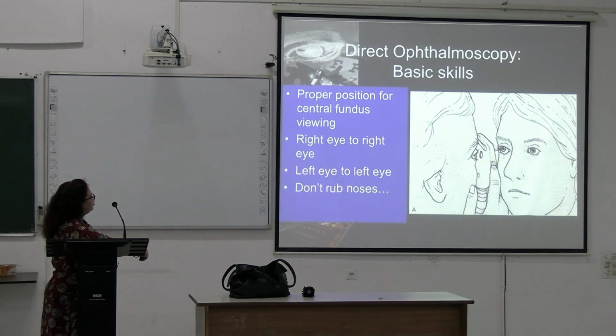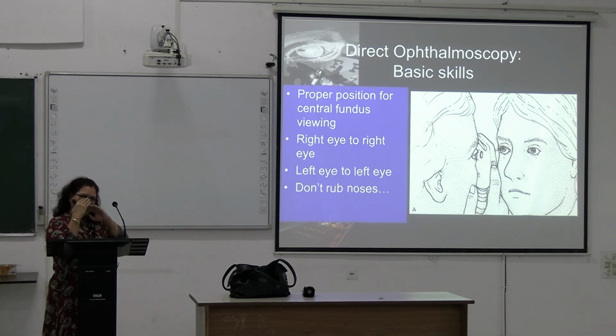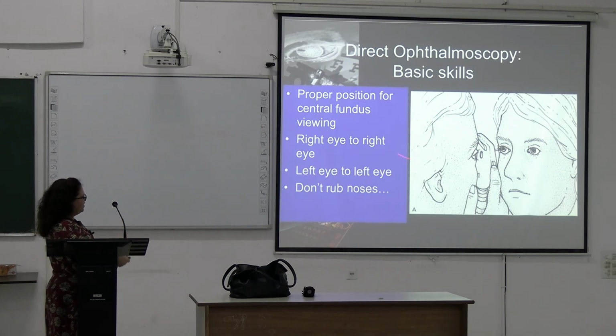Then direct ophthalmoscopy, proper position for the central fundus view. Right eye is examined with the right eye and left eye is examined with the left eye. And the nose is not touched to the patient. Nose is away from the patient. See here, this one.